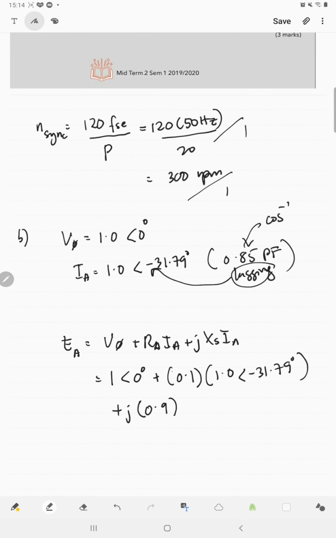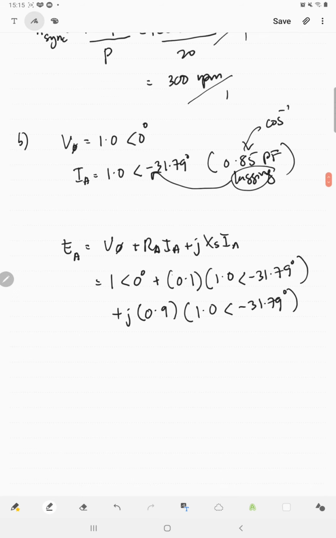If you're calculating everything in per unit, you have to make sure every single term is a per unit term. This will give you 1.63 at 29.4 degrees per unit.